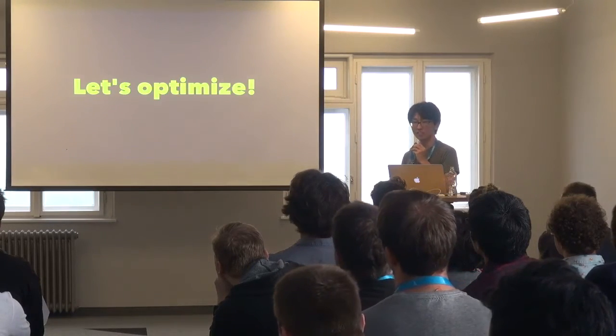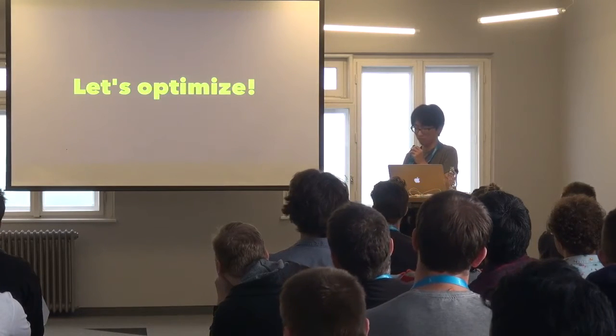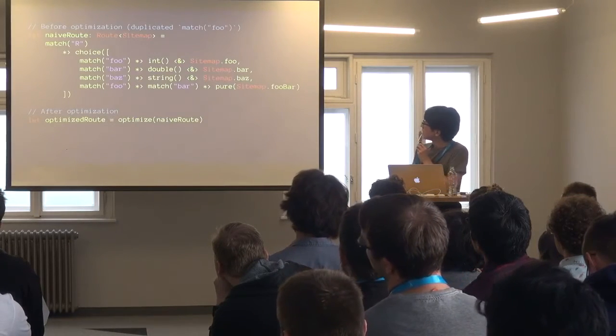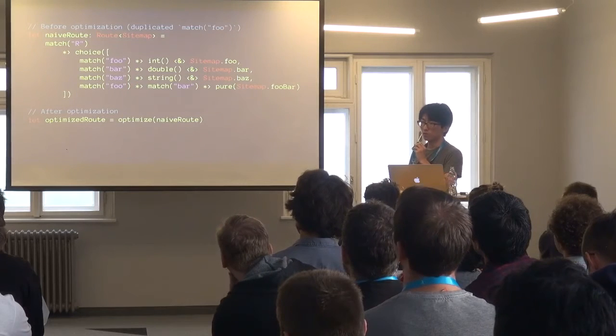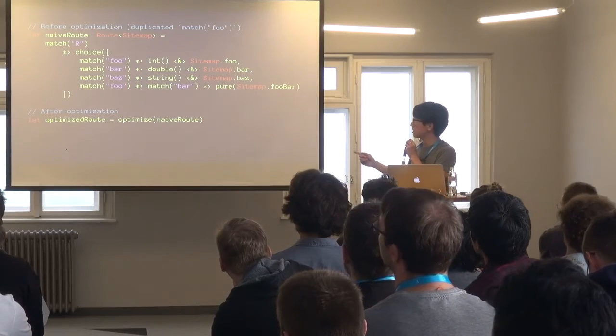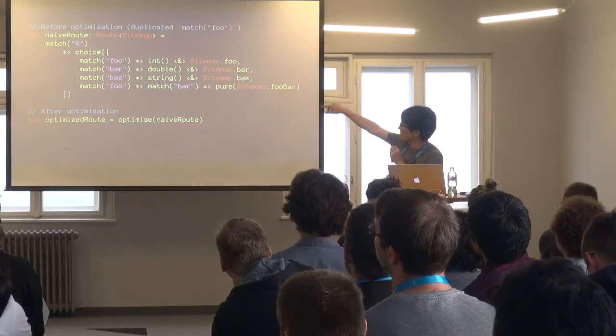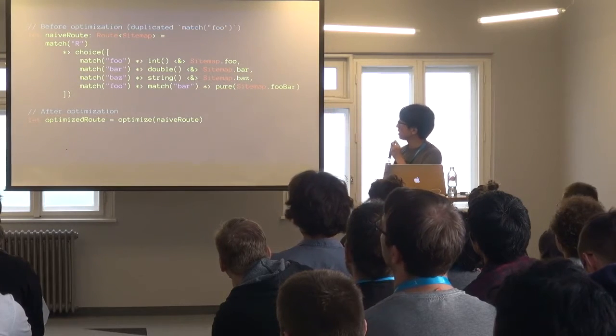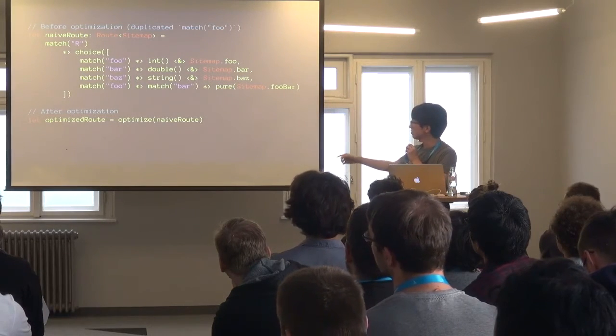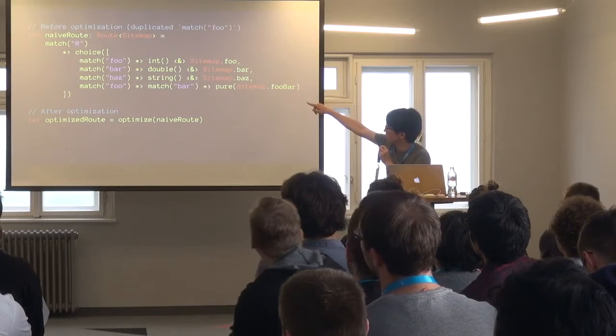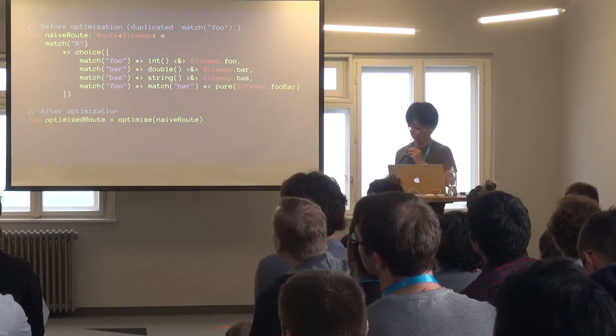And we are all set here, and let's optimize this one. Here's the code before optimization and after optimization. And all the implementation of this naive route is actually the same as before. We have two duplicated match foo here.